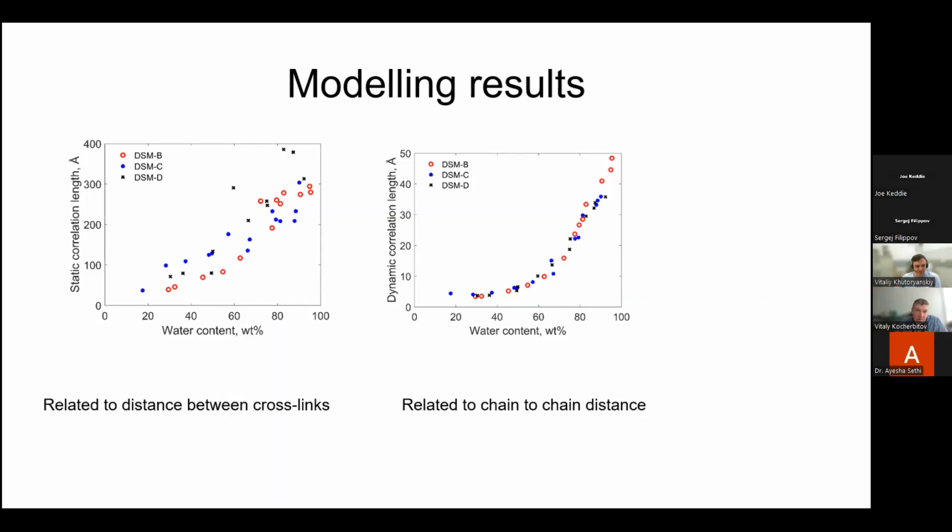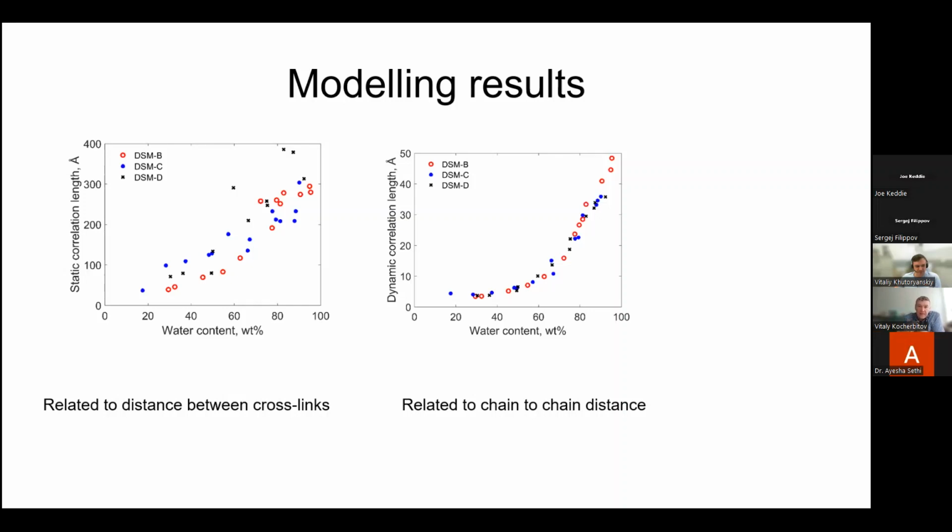And as you see here, the distance between the chains would reach something like 50 angstrom or 5 nanometers. And since it's a dynamic correlation length, this can actually fluctuate and open up for larger molecules which can be encapsulated.